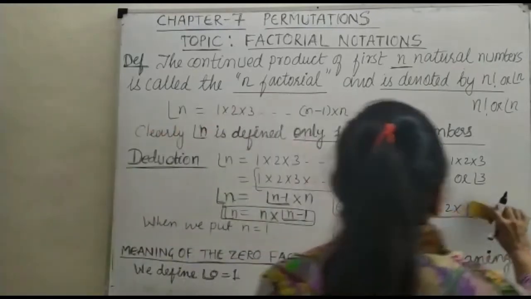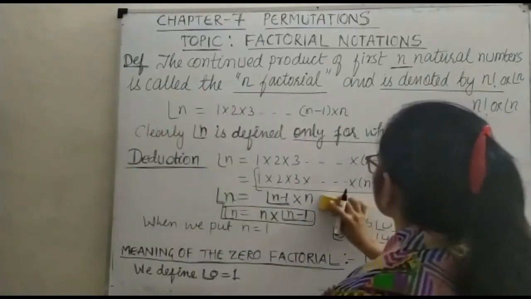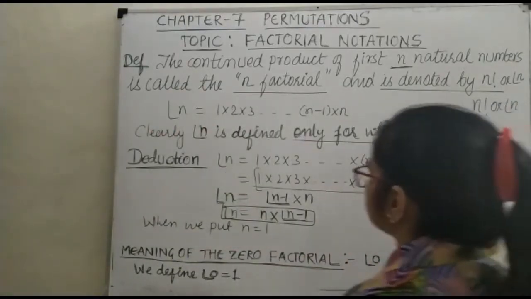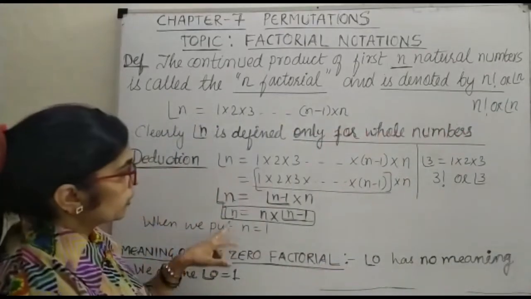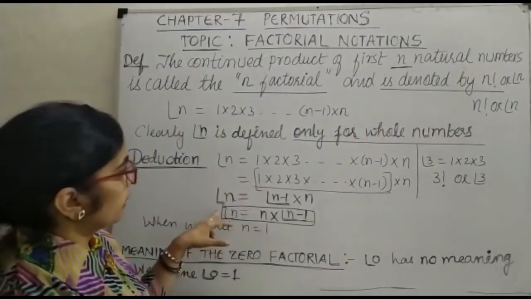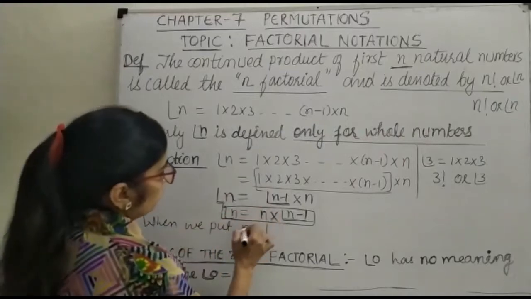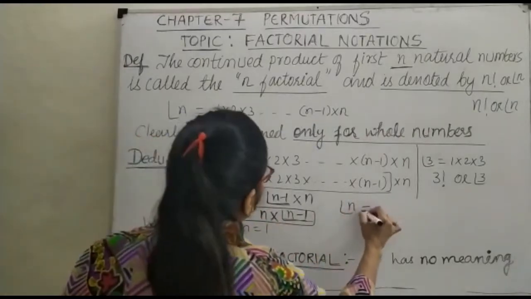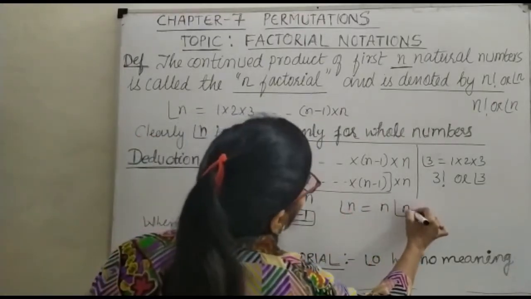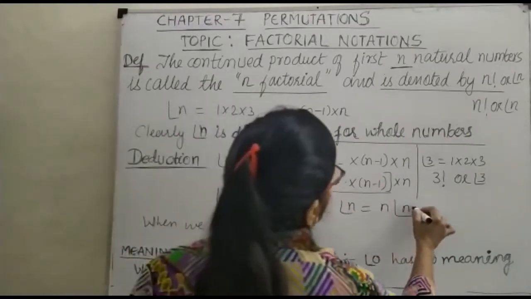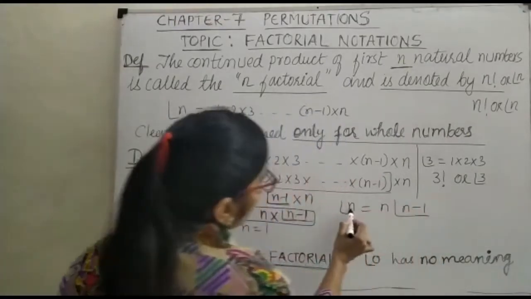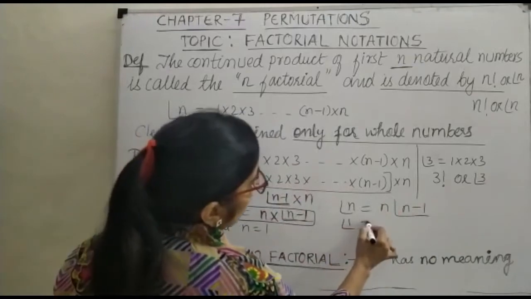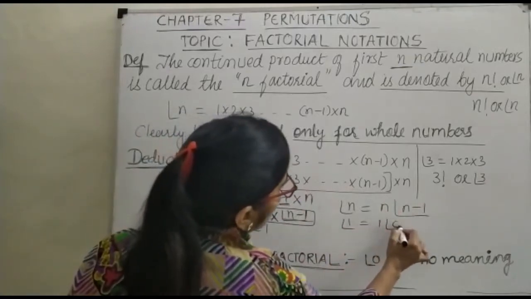Now in this, when we put n is equal to 1 in n factorial, which is n into n minus 1 factorial, keep the value of n is equal to 1, so 1 is equal to 1 and n minus 1 is 0.